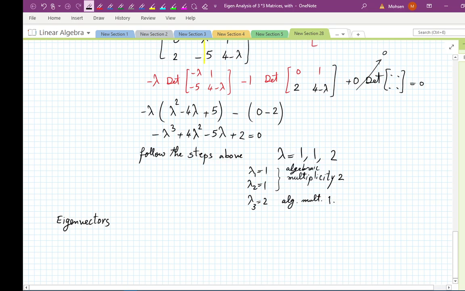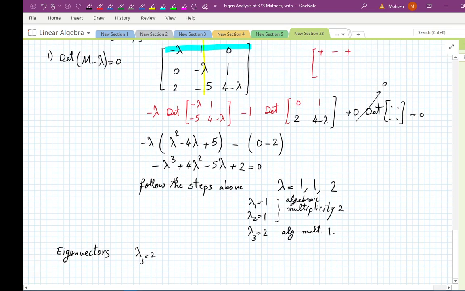That's going to be straightforward. It's going to be exactly what we did in the example we had last time. So if I go ahead and apply lambda equal to 2, let's go after that one first. That's going to be easy. Lambda 3 equal to 2.